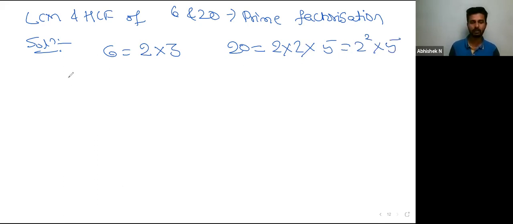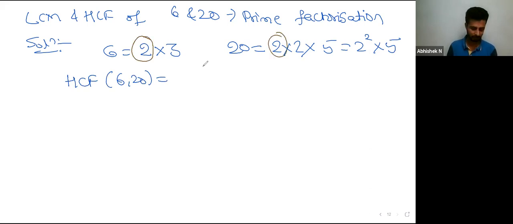Okay. Now can you tell me the HCF of 6 and 20? What is the HCF of 6 and 20? That is 2 here. Okay, that's it, right? No other common factors. So therefore, we can say HCF is 2.